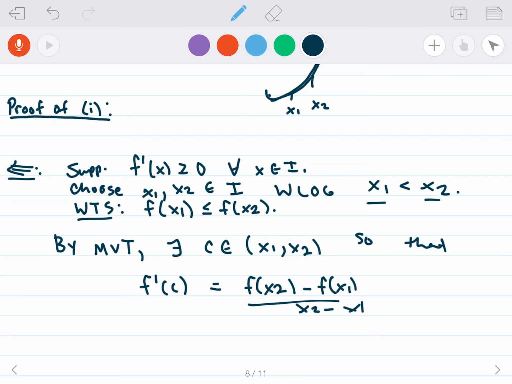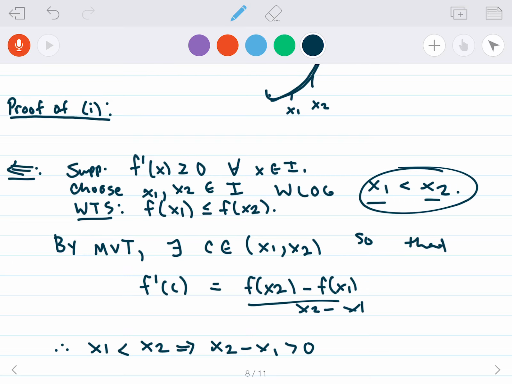And we have that x1 is less than x2, and so that means that x2 minus x1 is bigger than 0. So x1 less than x2 implies that x2 minus x1 is bigger than 0, just rearranging the inequality here.